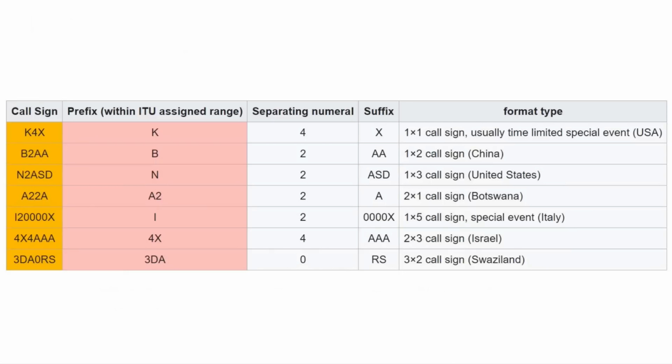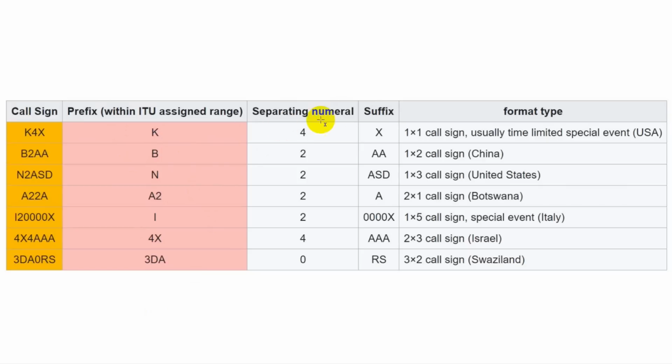If we look at how call signs are constructed using this chart from Wikipedia, the call sign always has the ITU assigned prefix, a separating numeral, which in the United States is a call district, and then a suffix. And they can be all kinds of things.